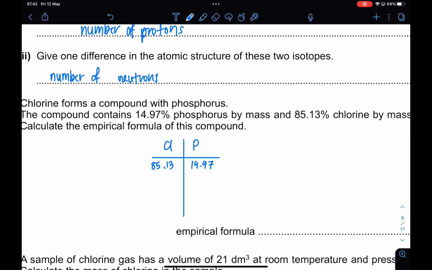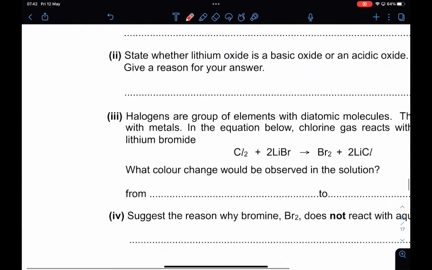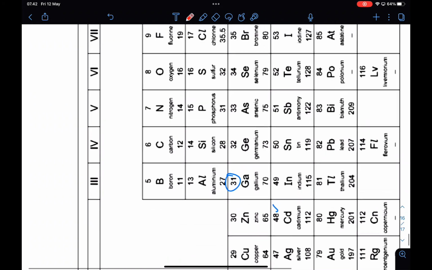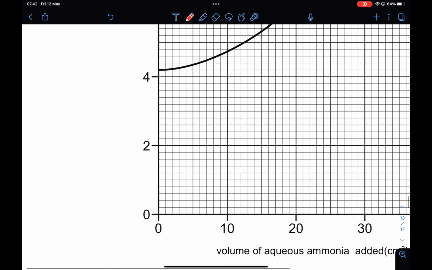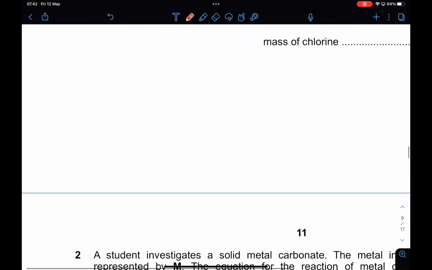If you add these two, you should get 100%. What is the first thing you need to do? You need to divide by the relative atomic mass. Cl is 35.5. Phosphorus, you refer to the periodic table, is 31.